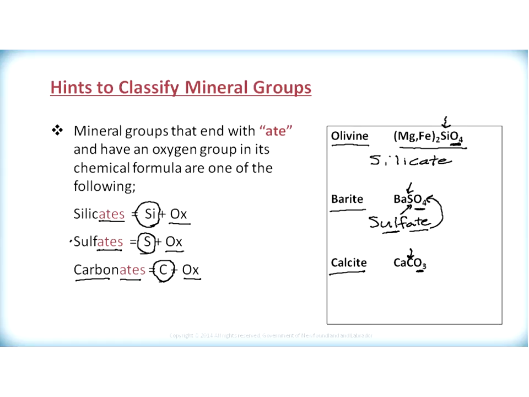Therefore, calcite belongs to the mineral group carbonate. So the ATE in carbonate suggests it has an oxygen group. The element directly in front of the oxygen group would be carbon, and that is the hint that tells you which mineral group calcite belongs to.